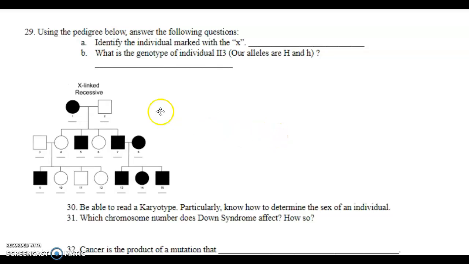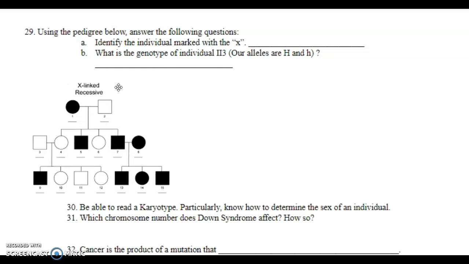So, if it is a recessive trait, we know that individual number 1 here, she would be little x, because she is showing the recessive trait. We know that this father here is going to have at least one big X because he is showing the dominant trait.